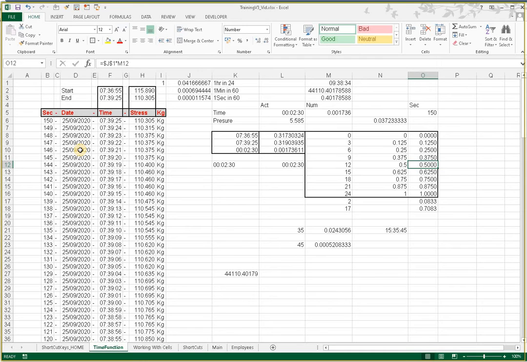So you put it to a certain load, in this case 115.89 kilograms, and you leave it, and you see how long it takes to get to a certain relaxation.